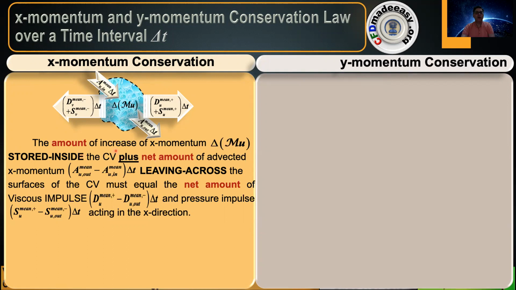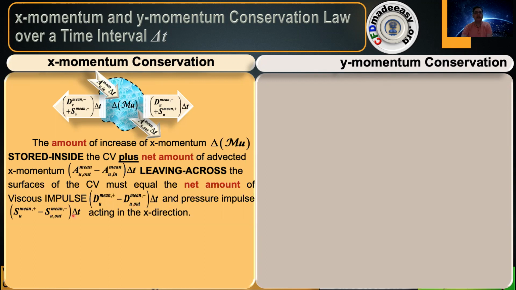So the amount of increase of X momentum stored inside the control volume plus the net amount of advected X momentum. I mentioned that the product of X momentum flow rate and delta T gives you the amount of advected X momentum, so you take the advected X momentum leaving minus entering. This net advected X momentum leaving across the surfaces of the control volume must be equal to the net amount of viscous impulse and pressure impulse.